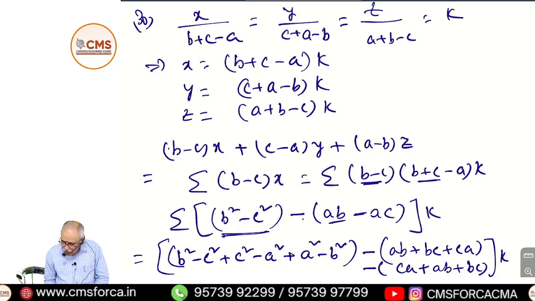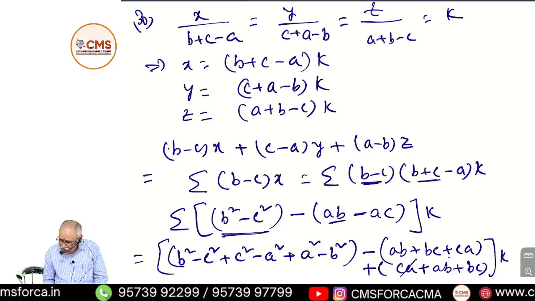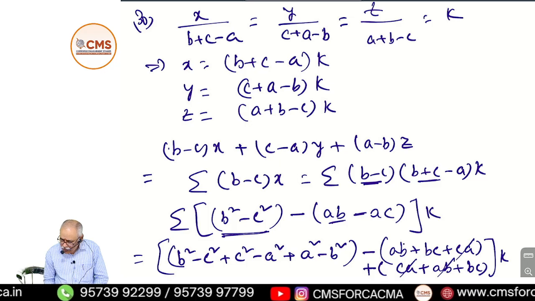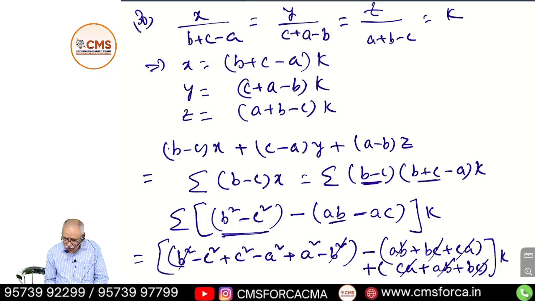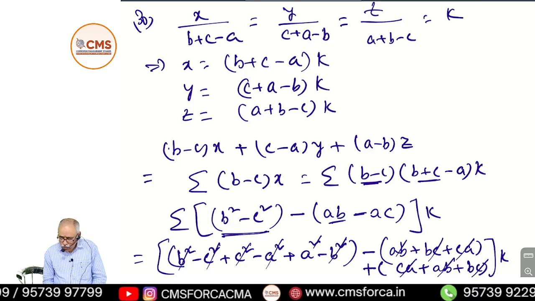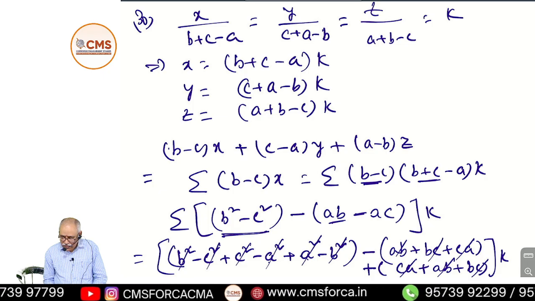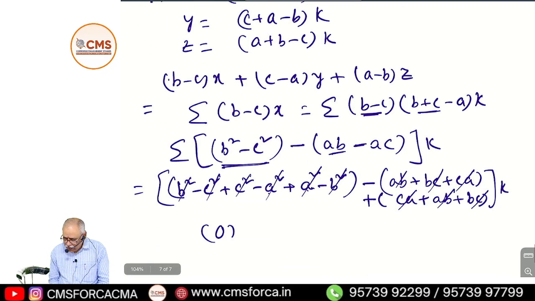So minus of minus it becomes plus. CA minus CA cancel, AB cancel, BC BC cancel, minus B square plus B square, minus C square plus C square, minus A square plus A square cancel. All will get cancel. 0 into K.